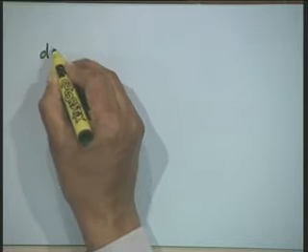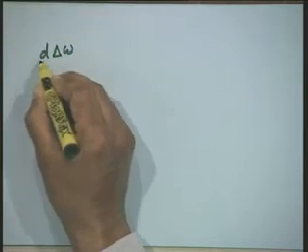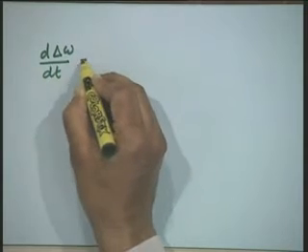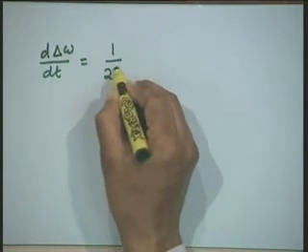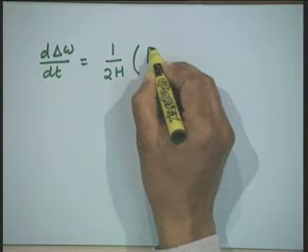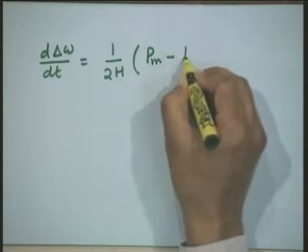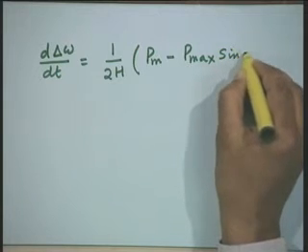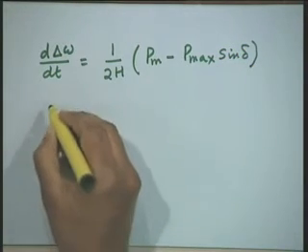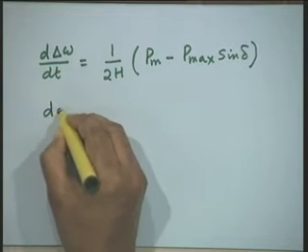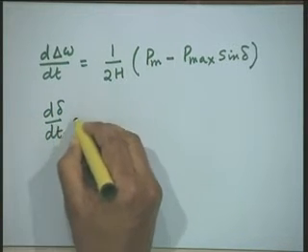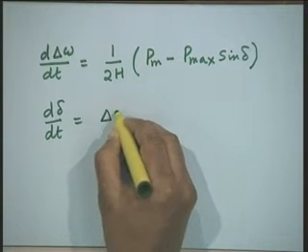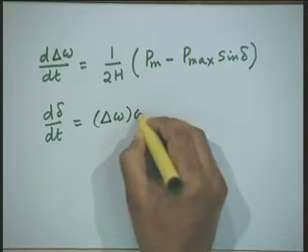The differential equations which we have to solve can be written as d delta omega by dt equal to 1 over 2H (Pm minus Pmax sin delta). The second differential equation is d delta by dt equal to delta omega into omega naught.